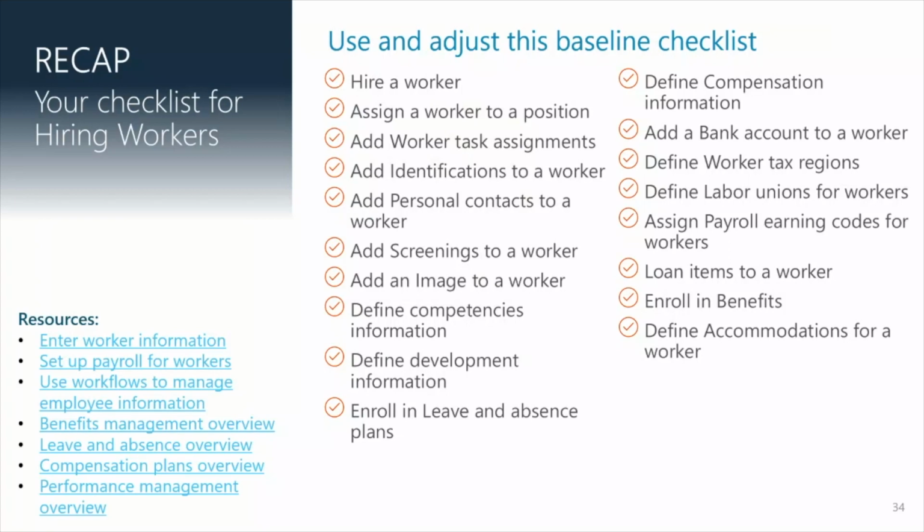Moving on to the next checklist, which is the hiring of workers. Again, it starts with hire a worker, assign worker to a position, add worker task assignments. And if you see the whole list, the reason was that it's a bit complicated. You need to do a lot of steps, and yes, you could do them in different sequences.